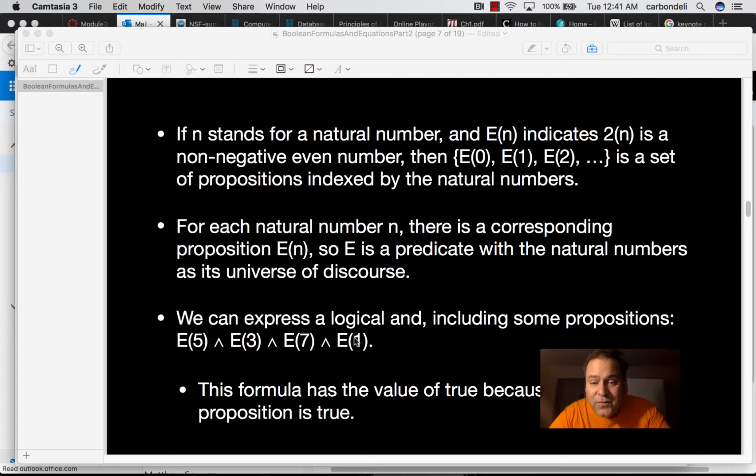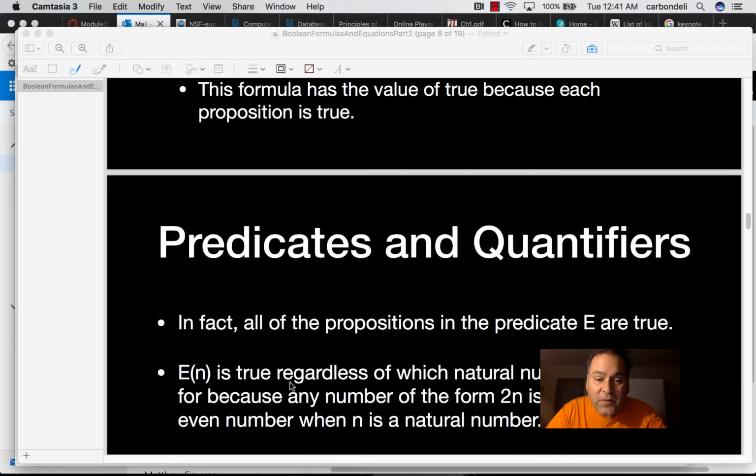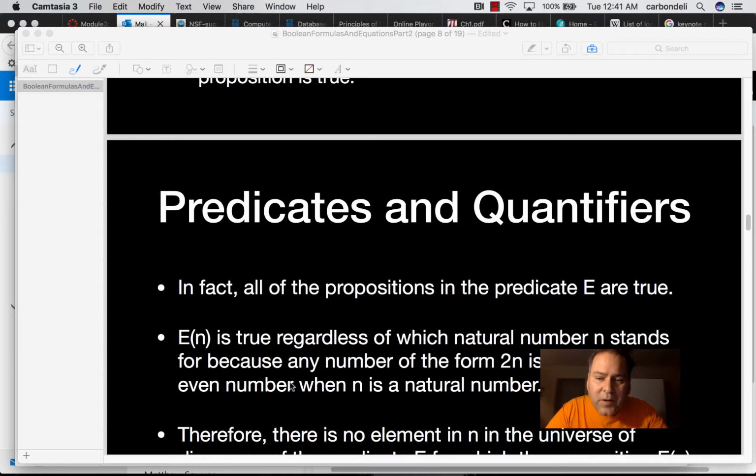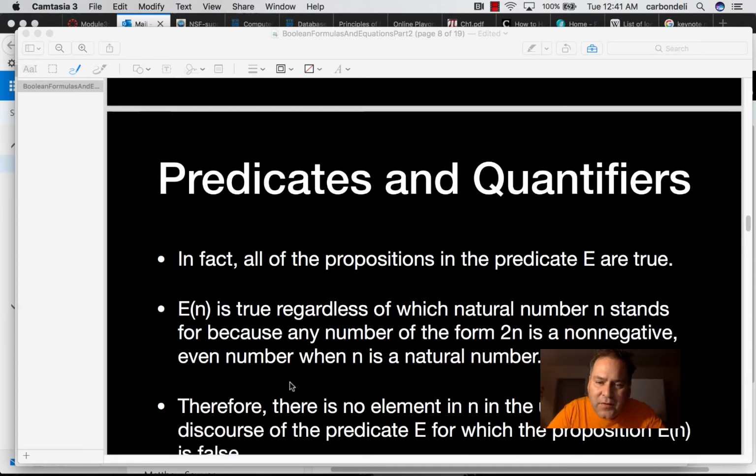We can express a logical AND including some propositions, such as E of 5 and E of 3 and E of 7 and E of 1, and this formula has the value of true because each proposition is true. In fact, all of the propositions in the predicate E are true.